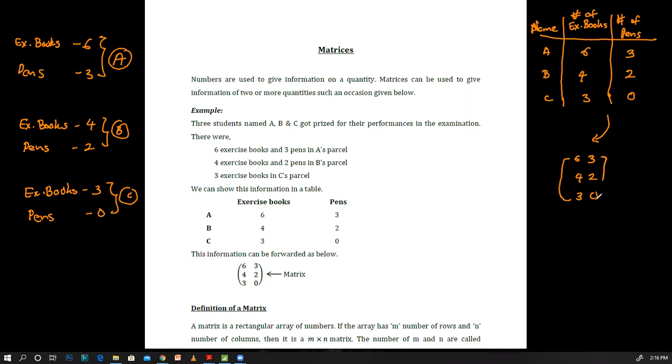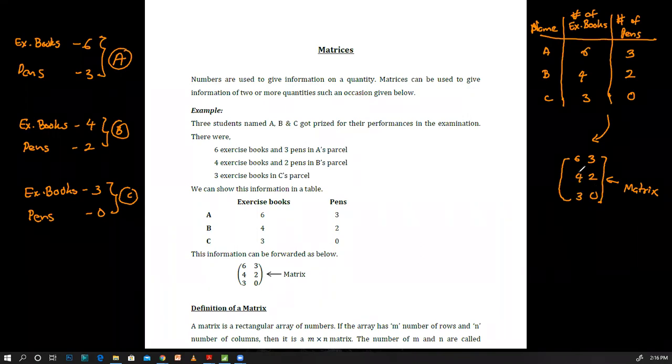I will use box brackets here. Then this is said to be the form of a matrix. Therefore, if you can see an array of numbers inside parentheses or box brackets, then such an arrangement is said to be a matrix.